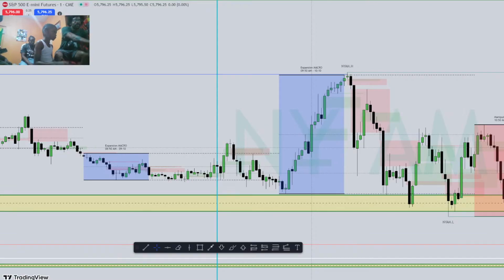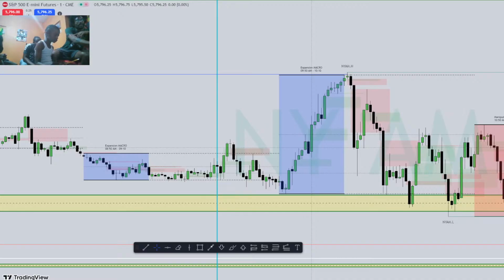So look, come right here, this is 9:31. So we find it, right? If this is the space we're looking for, let's see if we find a bar 1. This could be our bar 1. What about this? This could be our bar 2, the space bar. And this could be our bar 3.